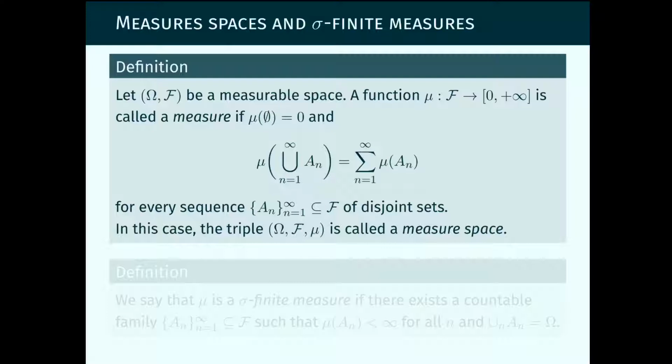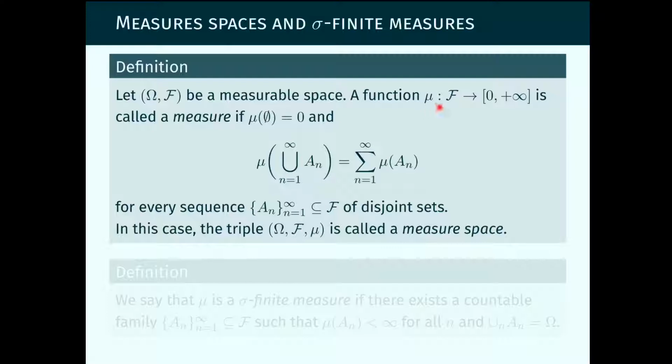Then a function mu that assigns to each element of this family, and elements of this family are subsets of omega, a non-negative number which is allowed to be 0. It's allowed to take any positive number as its value, and it's also allowed to take plus infinity as a value. So this is a subset of the extended real line.